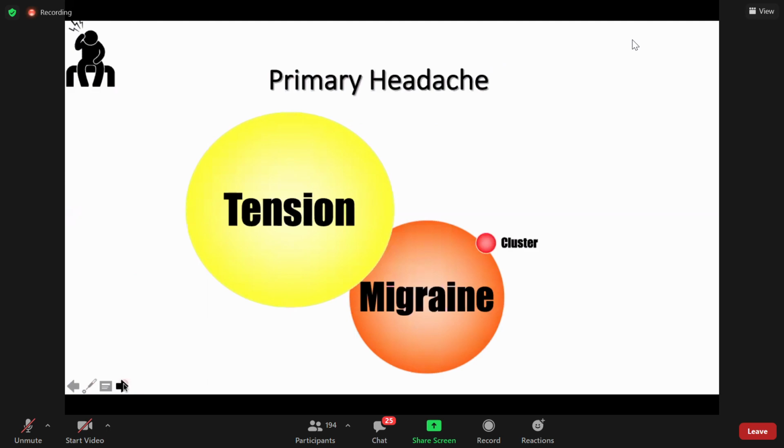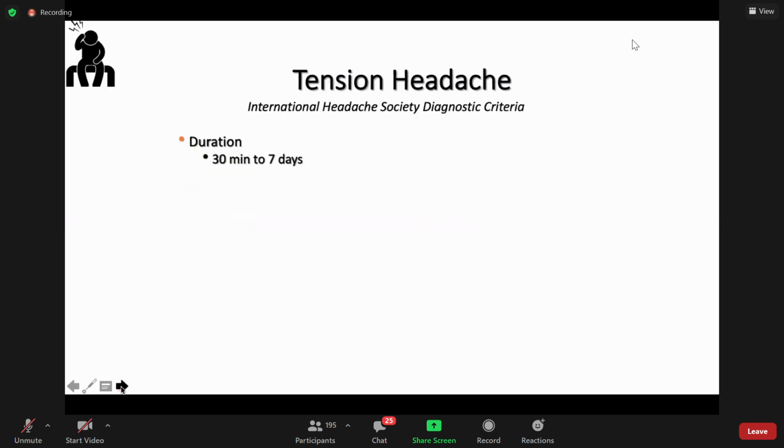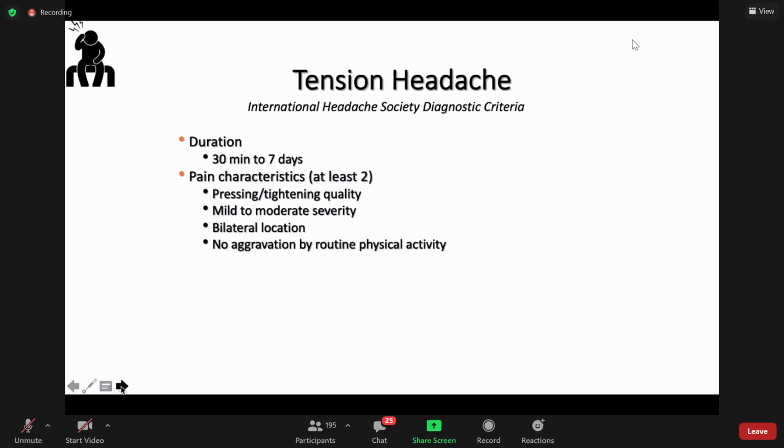Now we move to another primary headache, which is the tension type headache, equally frequent. So if we say this is the tension type headache, this is the migraine, and this is the cluster headache, these are the size of the problem. Tension headache may last from 30 minutes to 7 days, and the pain is pressing, tightening.